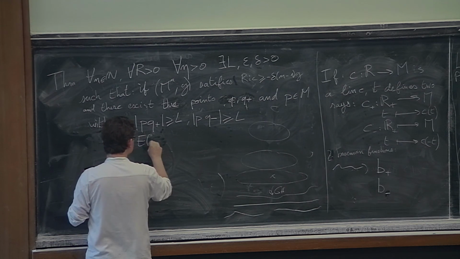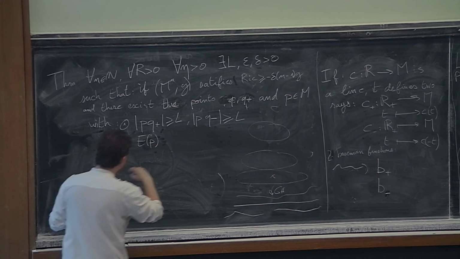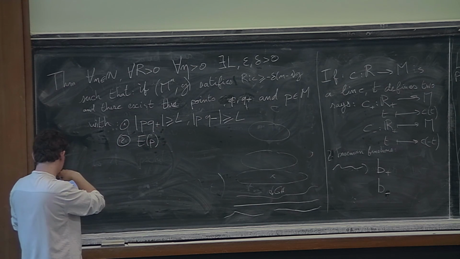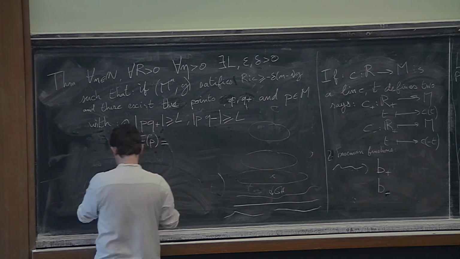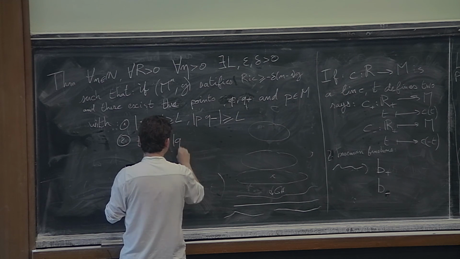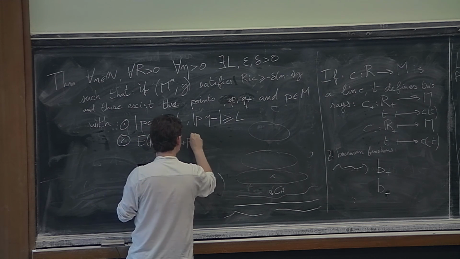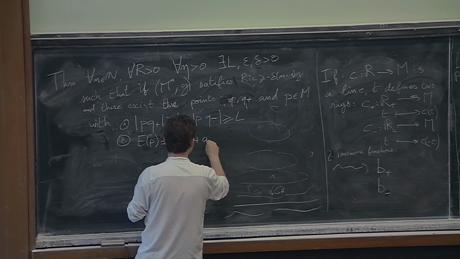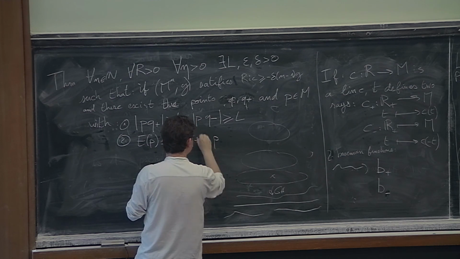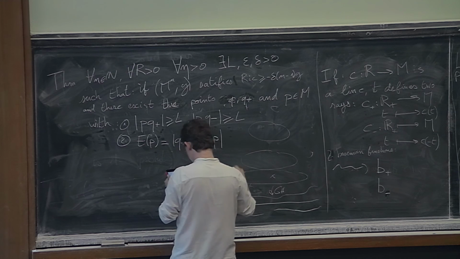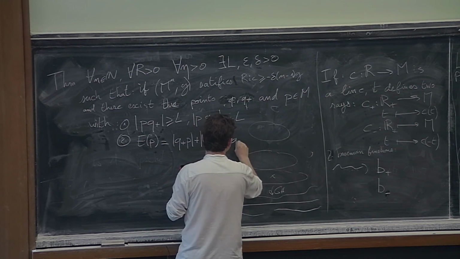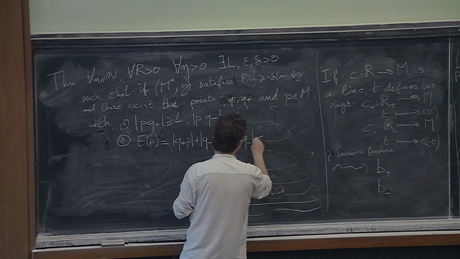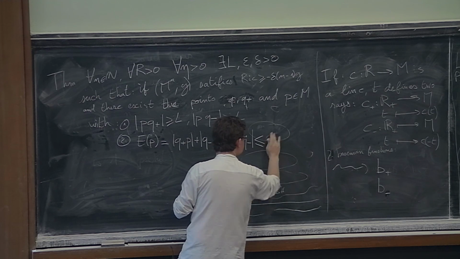And this can be quantified by some quantity which is called the excess. So this is Q plus P plus Q minus P minus Q plus Q minus, and I want that to be small.